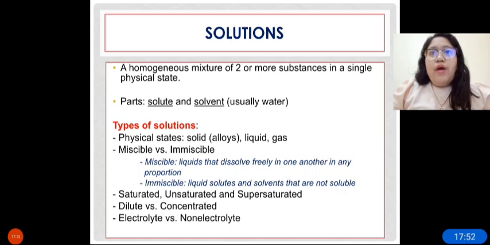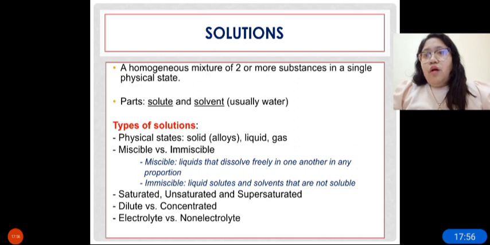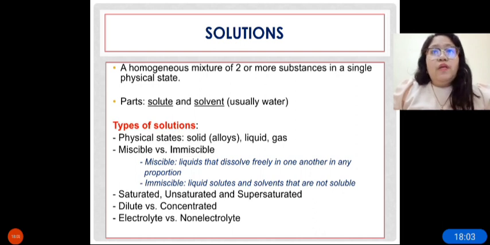Then we also have solutions. Solutions are also homogeneous mixtures of two or more substances in a single physical state. There are different types of solutions based on their physical states. So we have solid, liquid, and gas. But before I forget, there are the main parts of a solution, and we call those solute and solvent.